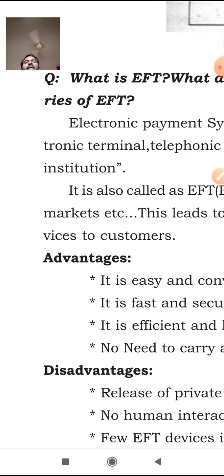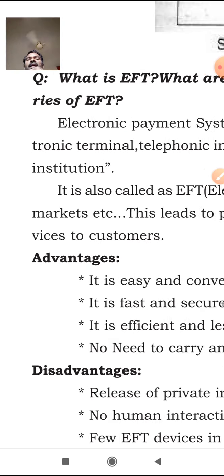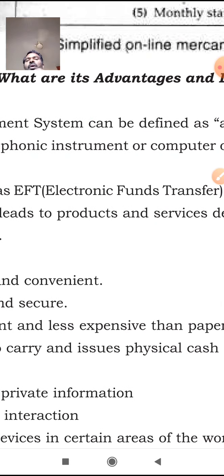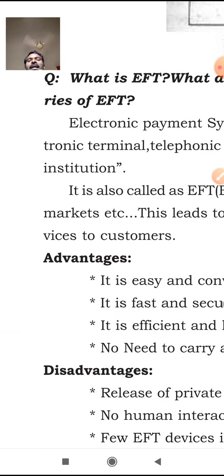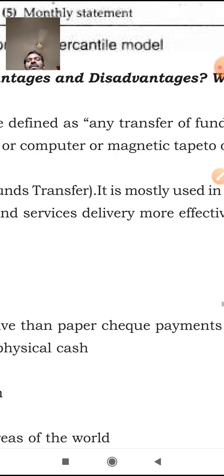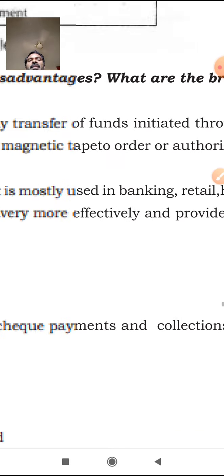So in all these methods, the money is transferred in electronic format with the help of a system. That system is called the electronic fund transfer system or e-payment system.